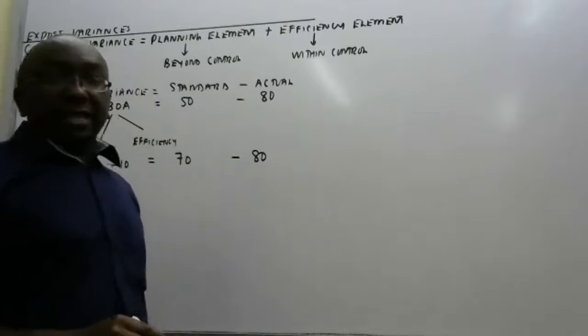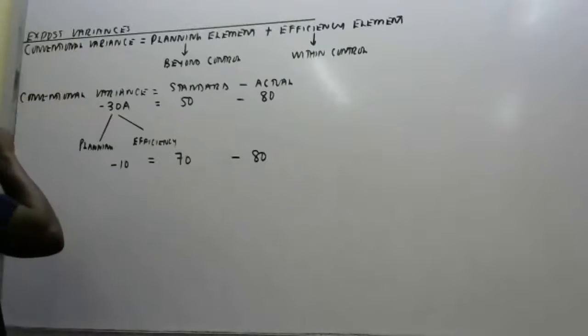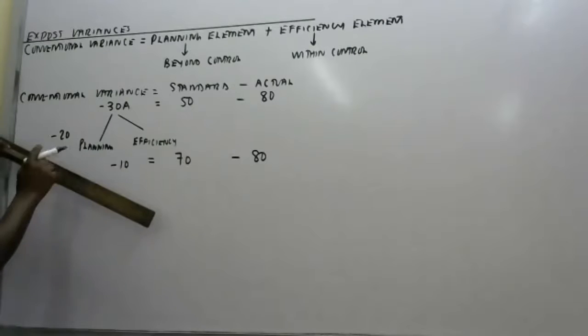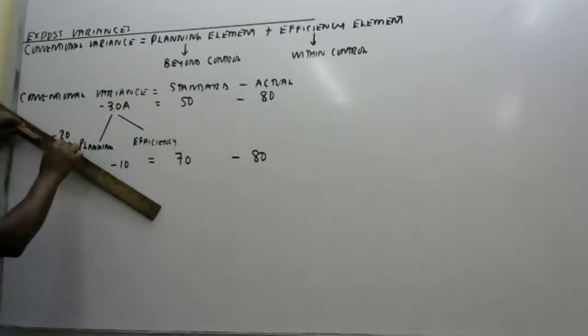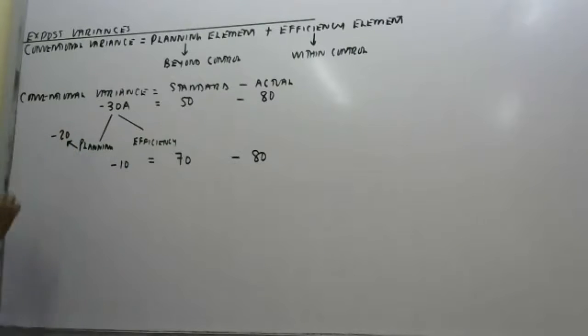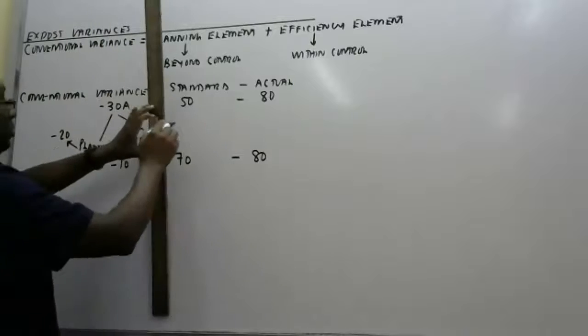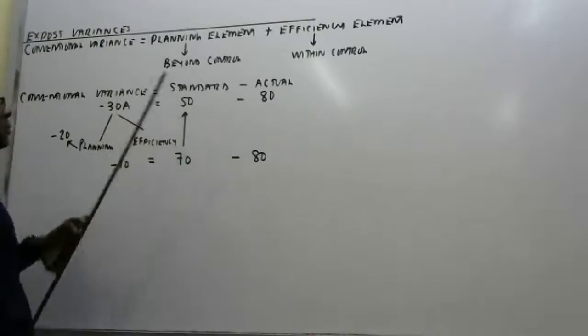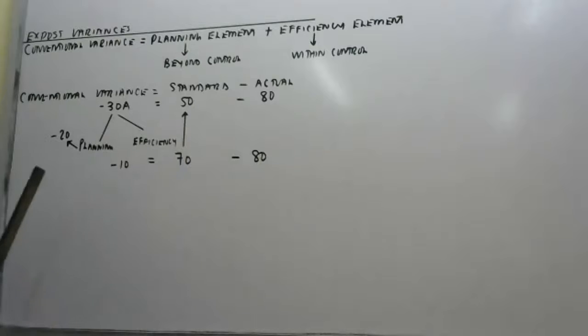So what you can see, this 30 is broken into two: there is another one of 20 here, and this 10. So this 20 is the one brought by the rain. That is how we get the 20.